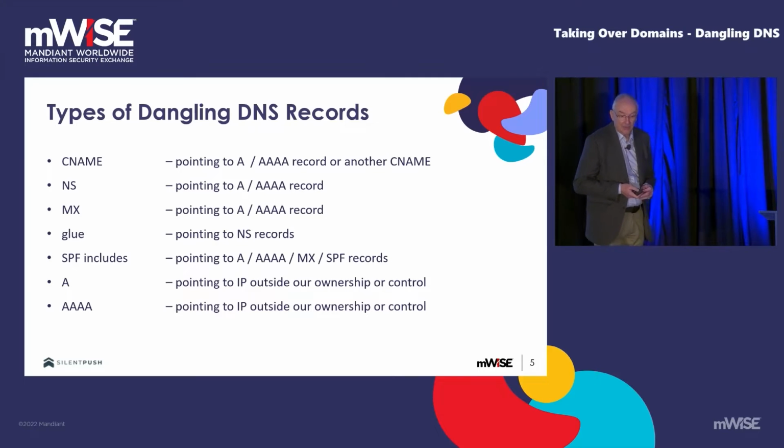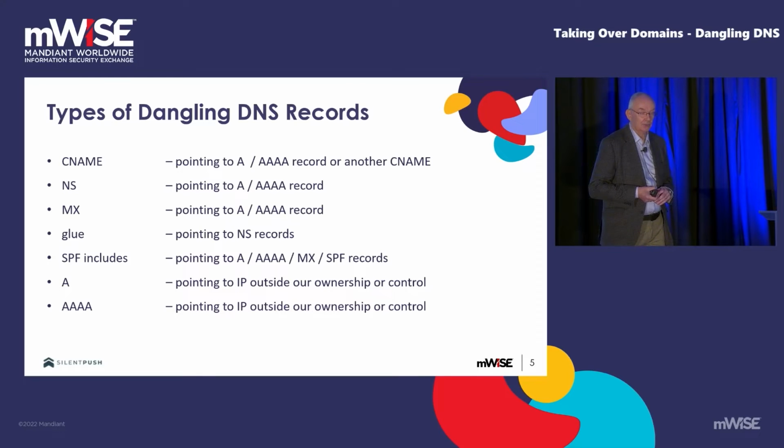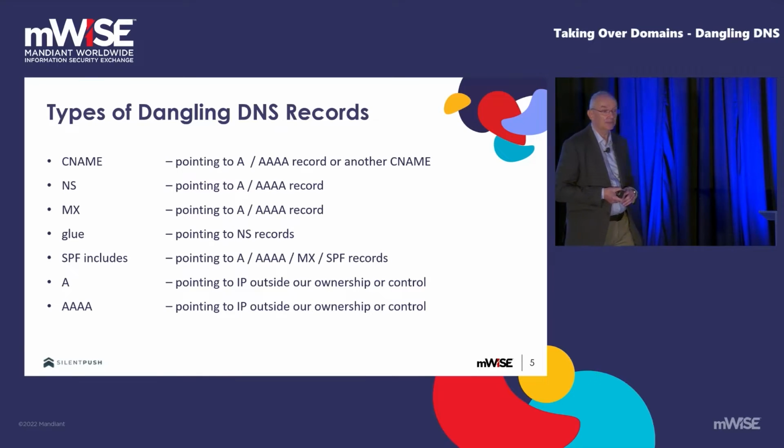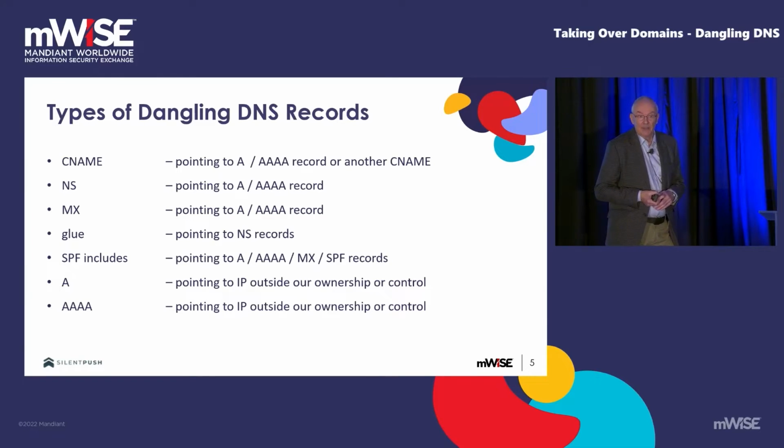The last two are a little bit different because these are actually A records pointing to IPs. This is a valid A record that points to an IP. The problem there is that the IP may no longer be under your control. That's also common in cloud environments where you provision VMs, shut them down, and start them back up again. The second time, it's not the same IP address that it had the first time.